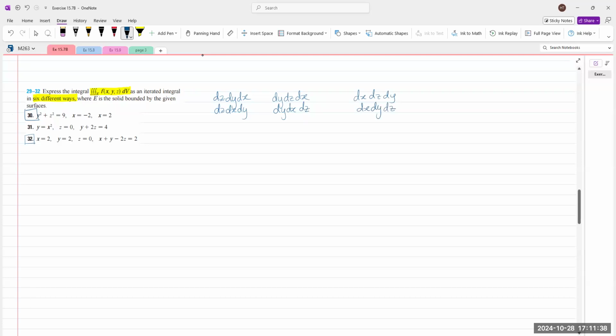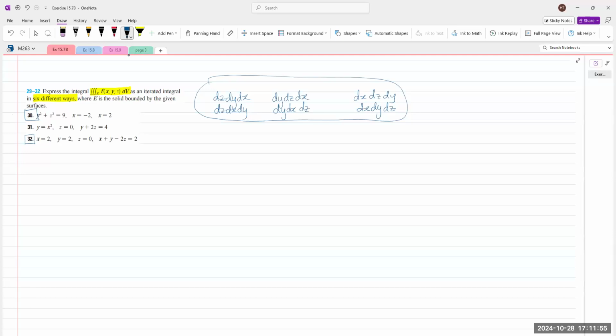Okay, so those are the 6 orders of integration possible for these triple integrals. Be very patient, okay? It's not easy, but we need to learn to visualize this anyway.